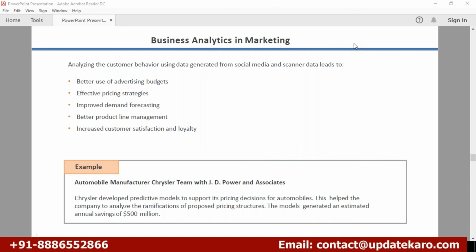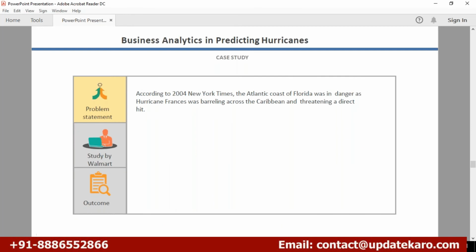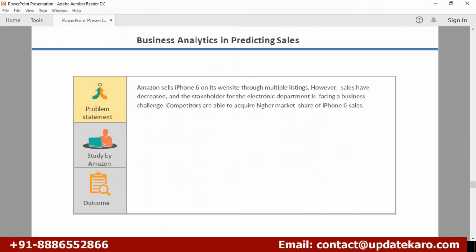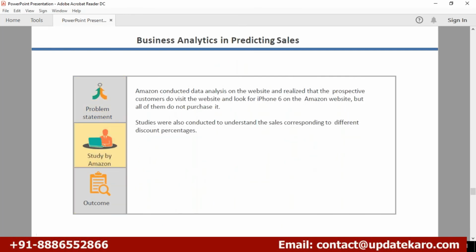Is that clear to all of you? Yes, sir, it's clear. There is no domain where business analytics is not available. Everywhere.